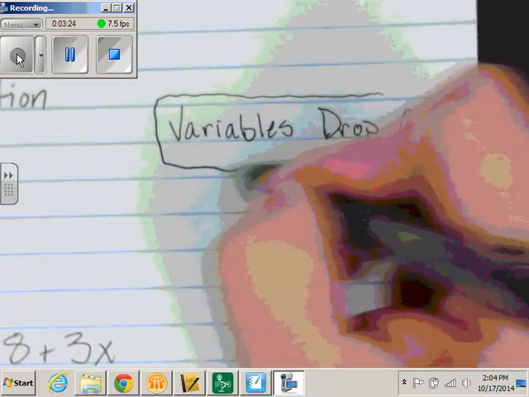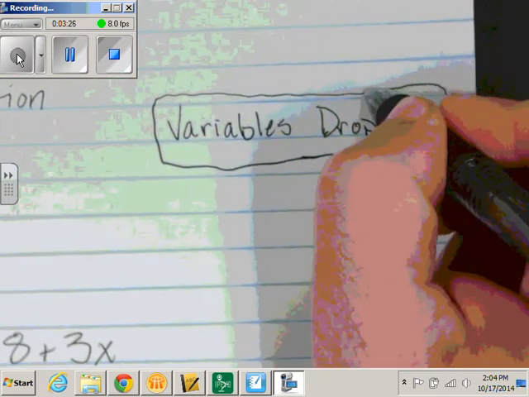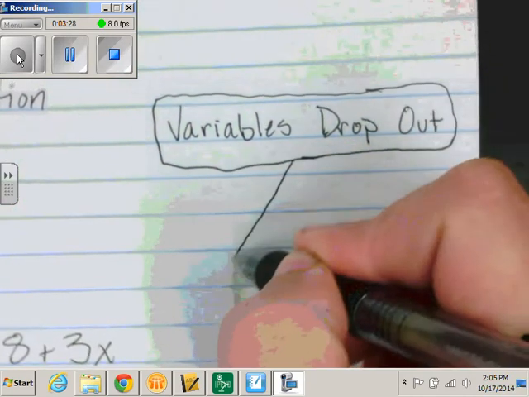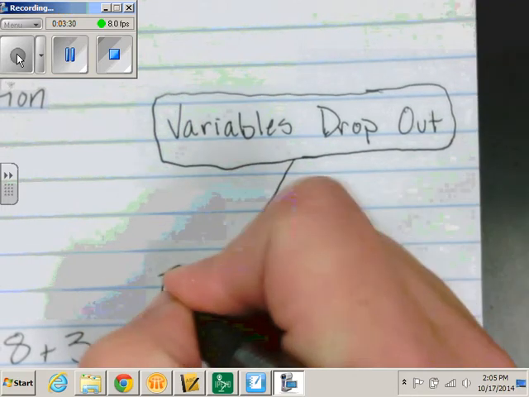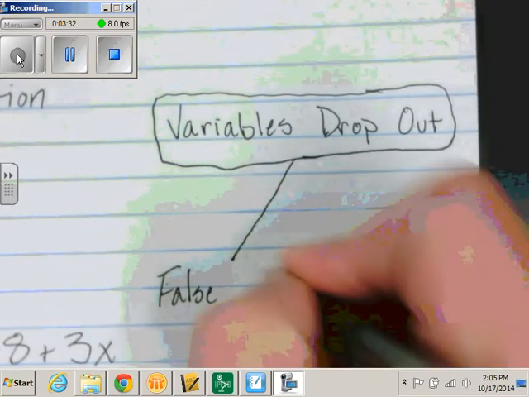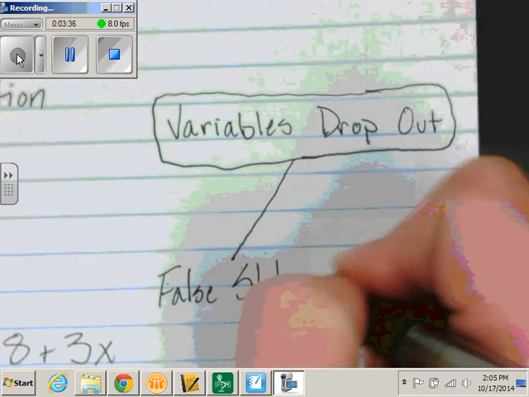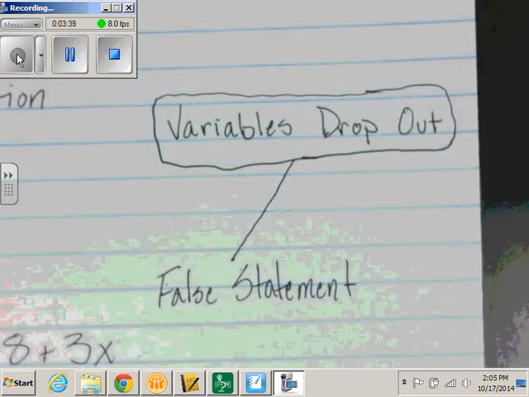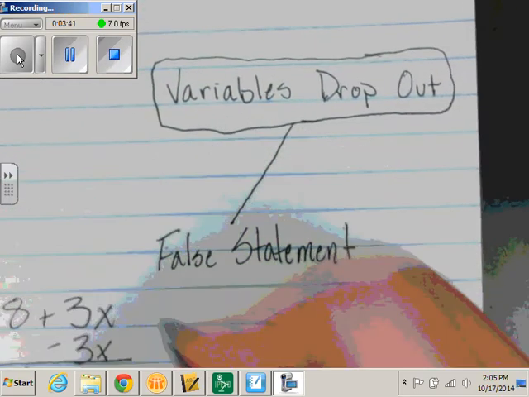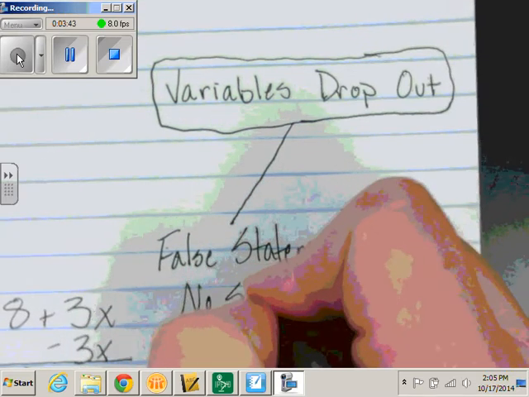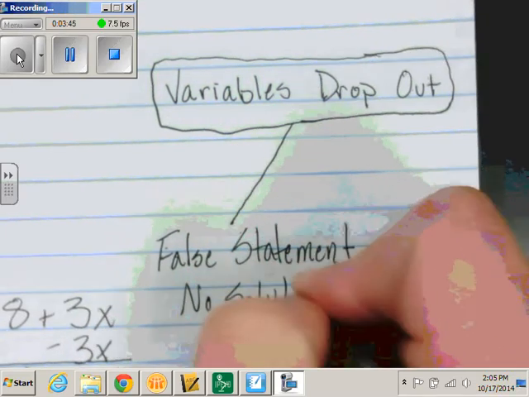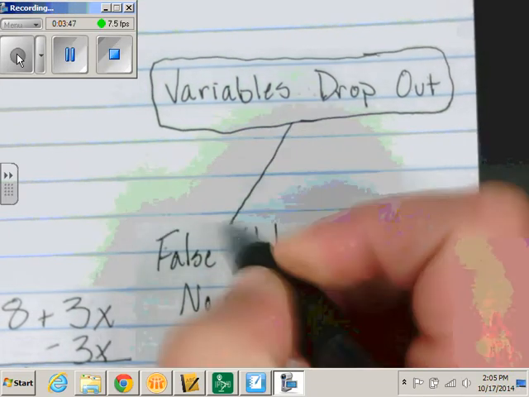If you get a false statement with what is left over, then the type of solution you get is no solution. Again, there is no mathematical way to get the left side to equal the right side of the equation when this occurs.